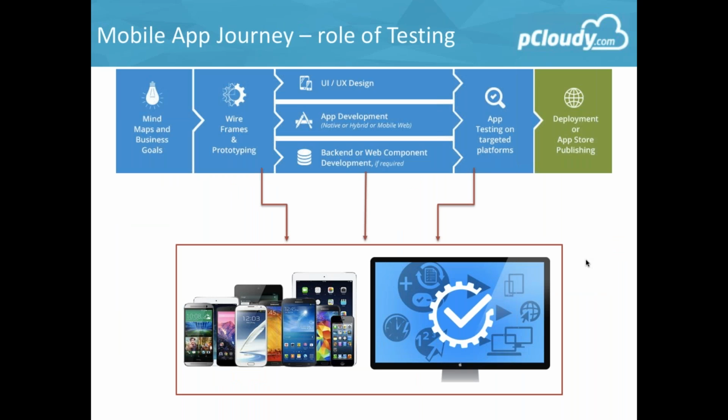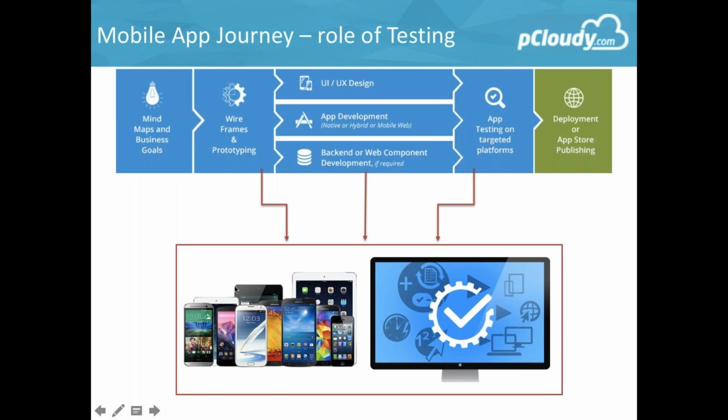But before that, a very high level view of what the journey of a mobile app is. If you look at the mobile app development cycle, the typical phases are business requirement, prototyping, UI, UX design, development. At the same time, in the CI/CD process, testing is happening, and then the deployment happens. Now, at each stage of the journey, whether it's prototyping or development or testing, there are two key requirements for any team.